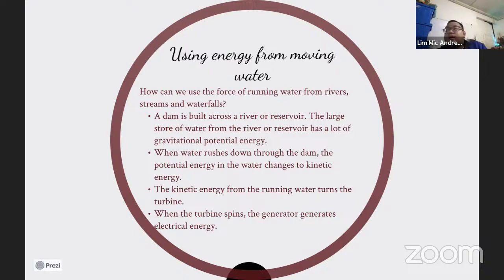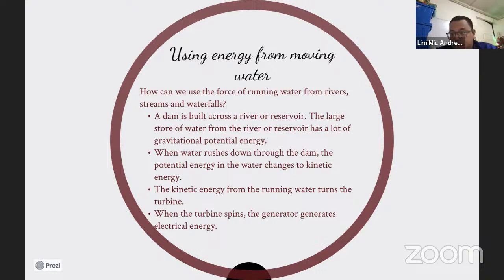Now, apart from the sun, we also use energy from moving water. I'm sure you know that there are some building structures around rivers or waterfalls. This is called a dam. A dam is built across a river or reservoir. The large store of water from a river and reservoir has a lot of gravitational potential energy.